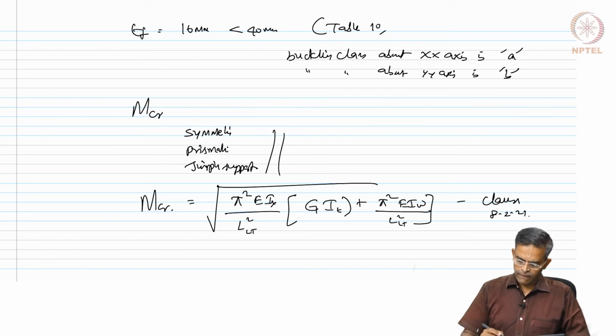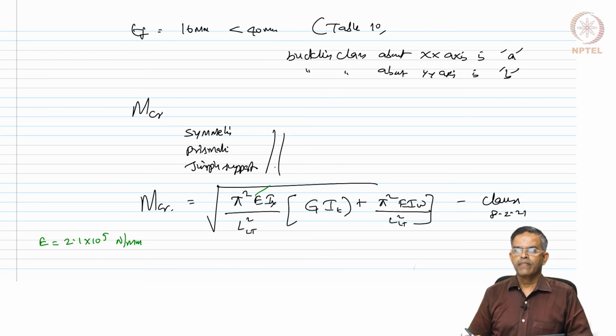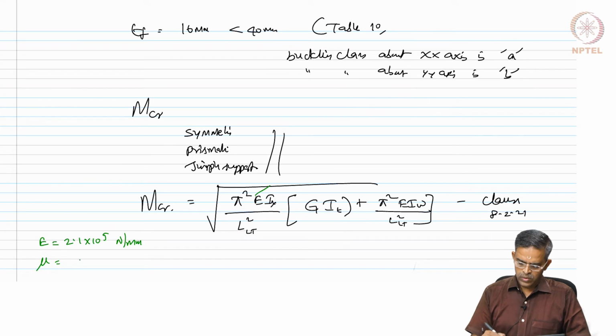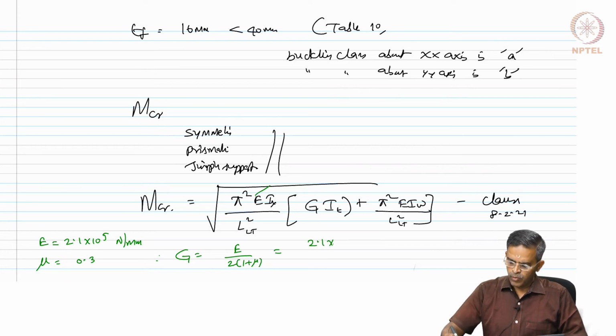So, in this, let us substitute the values. E is 2.1 10 power 5. Mu is 0.3, therefore, G is E by twice of 1 plus mu, which gives me 2.1 10 power 5 by twice of 1 plus 0.3.